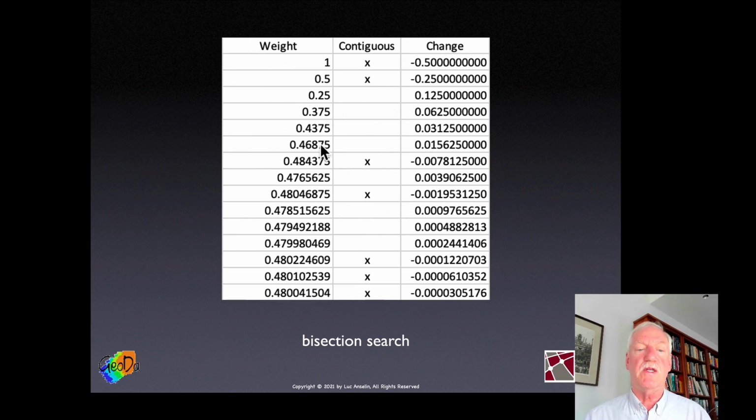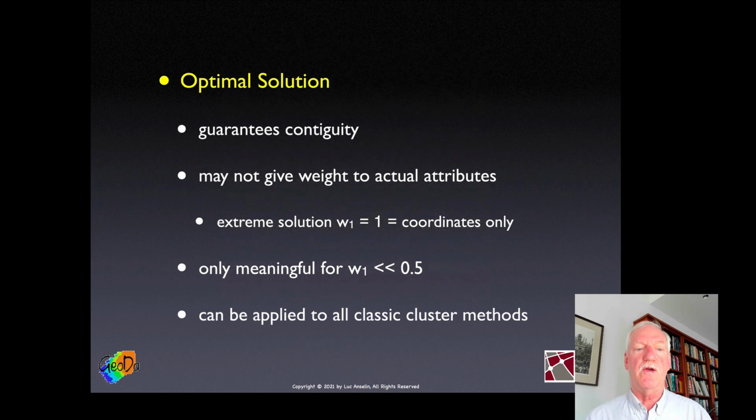We keep increasing the weight till we hit 0.484, where we satisfy contiguity. Now we can decrease the weight again. Now we don't satisfy. We go up again. We go down again. And we keep doing this till the change becomes small enough that we can ignore it. And at that point, we look at what our solution is.